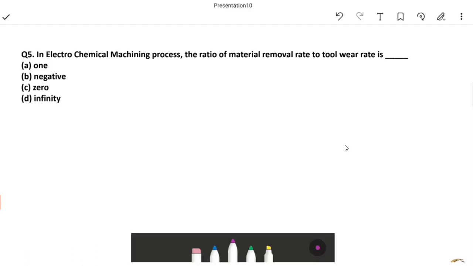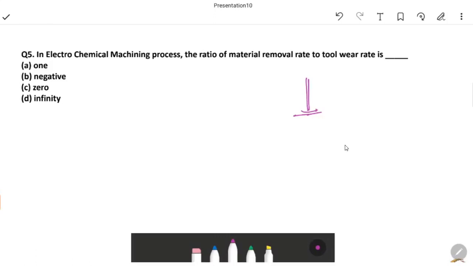Because in ECM we don't want the deposition to happen, but still, if the tool is very close to the machining region, suppose we are doing some micro ECM process, and this IEG is very less, and the electrolyte flow somehow gets hindered here due to the formation of some debris or small particles in the electrolyte.